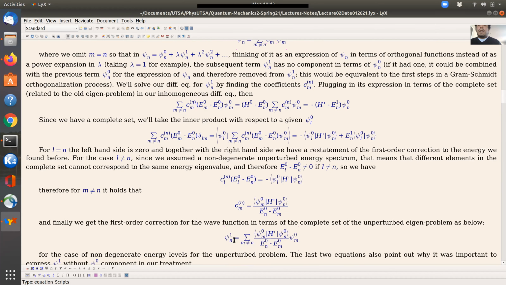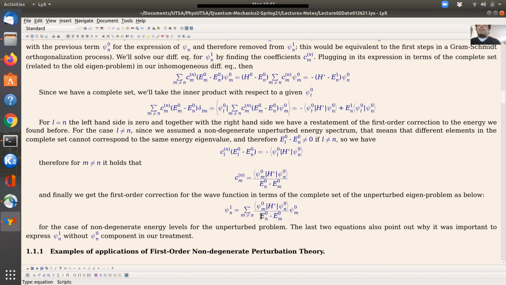And so this is the expression of the first order correction to the wave function in terms of the old eigenfunctions with this coefficient. And again, it shows that the energy spectrum not being degenerate is important, so that this denominator is not zero and you don't have issues.